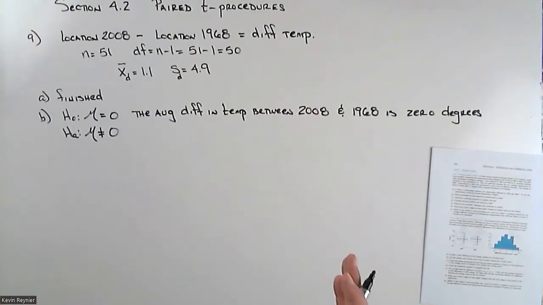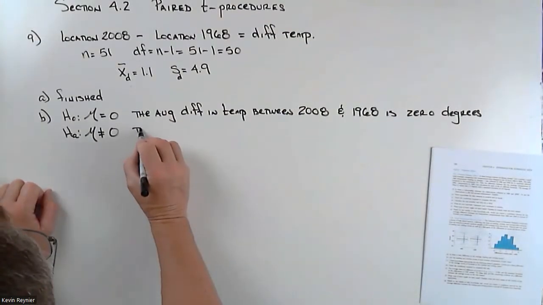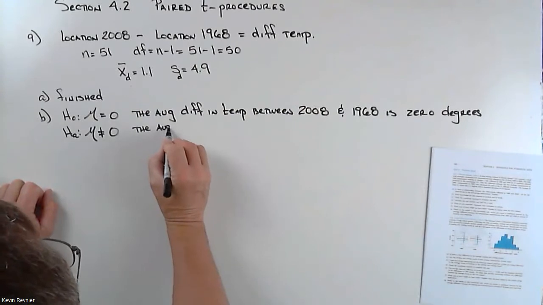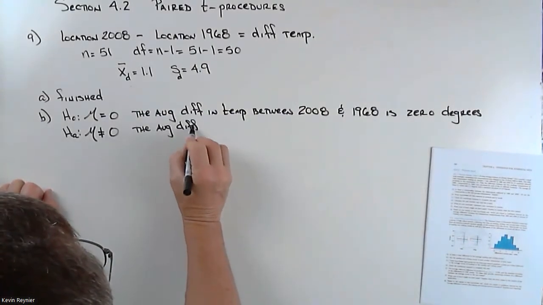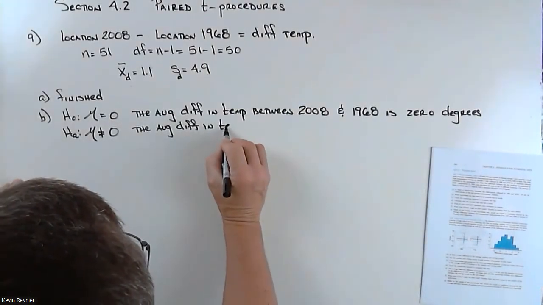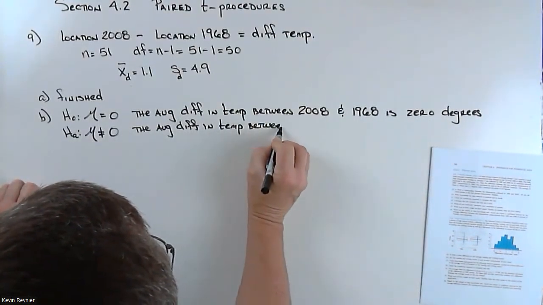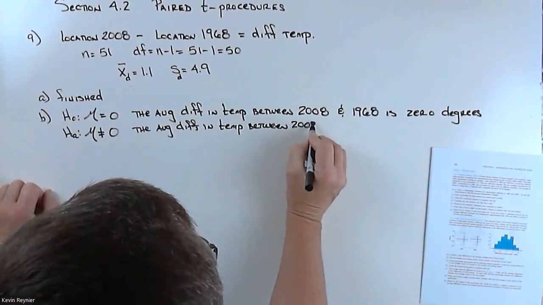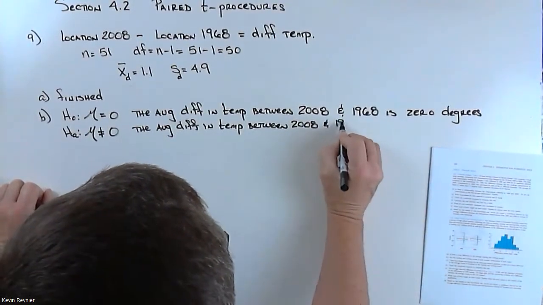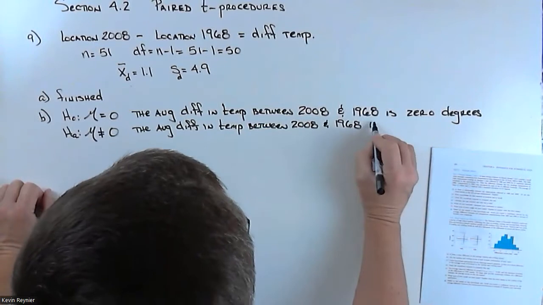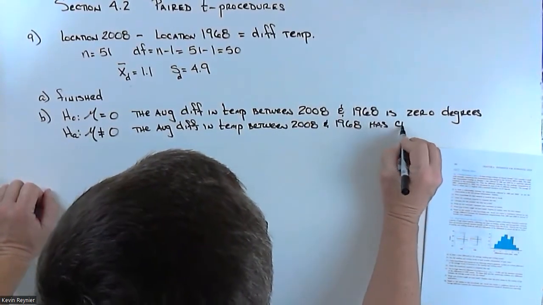We're not saying it's gotten hotter. We're not saying it's gotten cooler. We're saying there's been a change. So we would write that out. The average difference in temperature between 2008 and 1968 has changed.